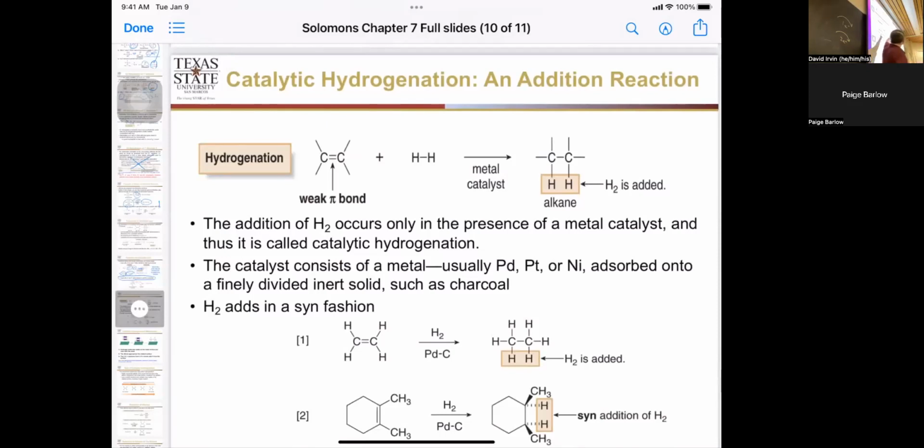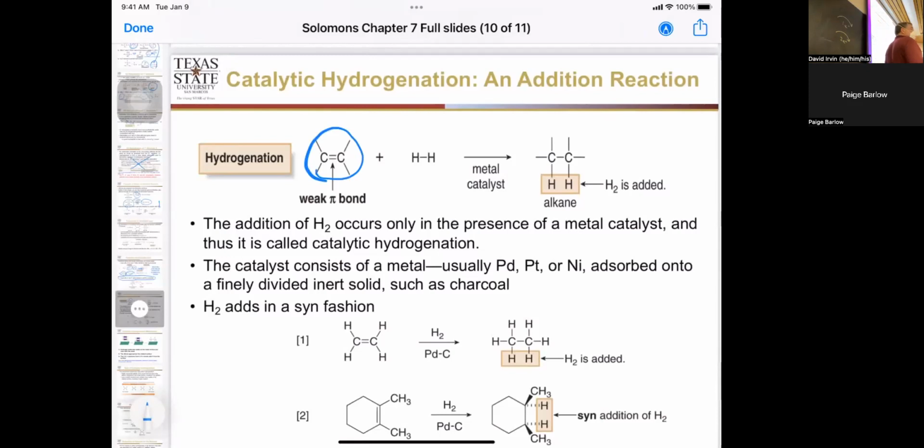We can take our alkene here and turn it back into an alkane. Seems like a long way to go, but if you only have alkenes and you want an alkane, you can do this. And so because this pi bond is more active than the sigma bonds, we can do what we call catalytic hydrogenation, meaning we are going to add hydrogen across that double bond, okay?